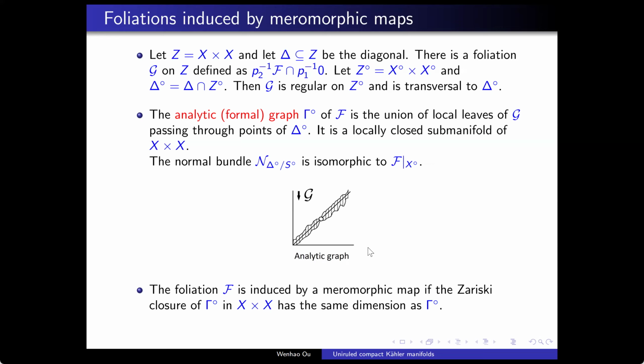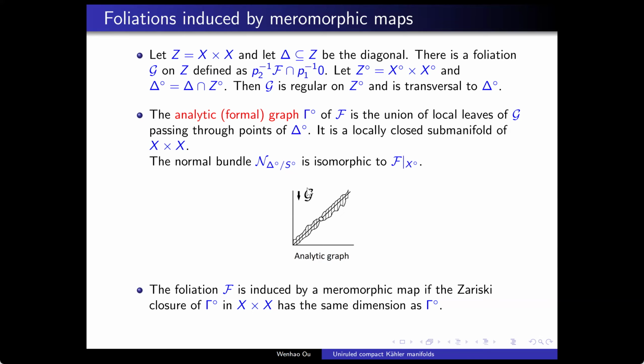So we can look at this picture here. P1 is the vertical projection, and P2 is the horizontal projection. So these two coordinate axes correspond to factors of X. And in the middle, there is a diagonal.